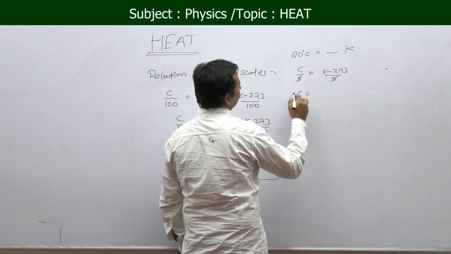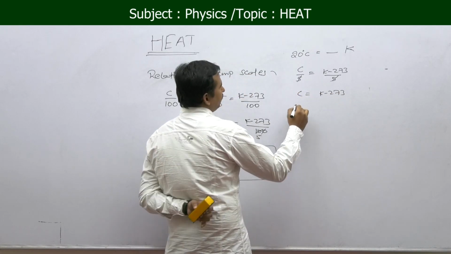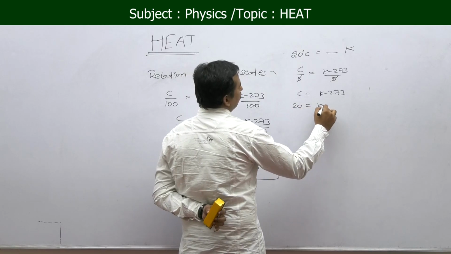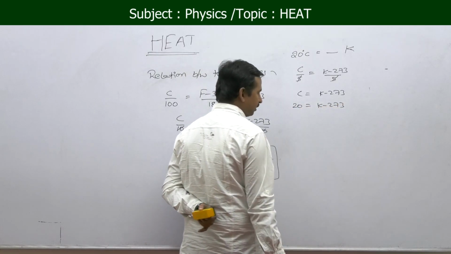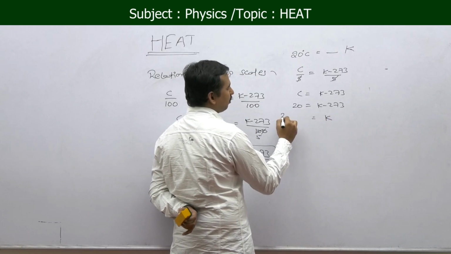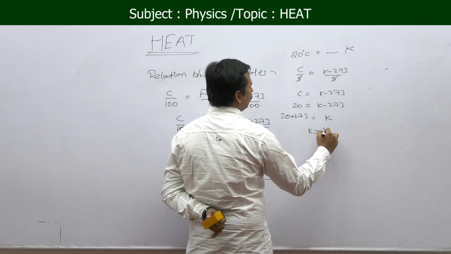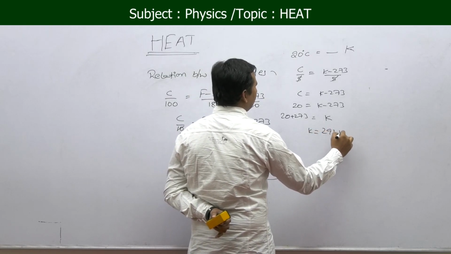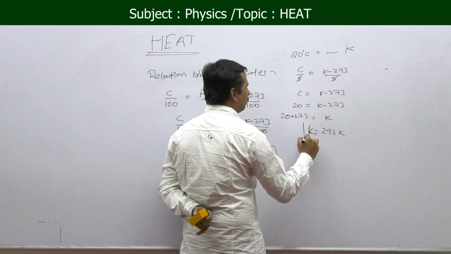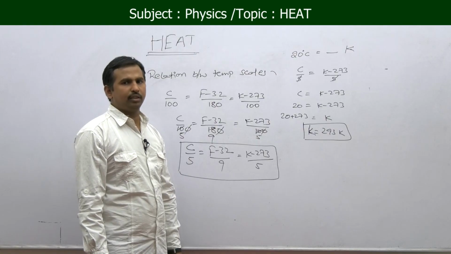Then C is equal to K minus 273, where C is 20, so 20 is equal to K minus 273. From this, K is equal to 20 plus 273, the 273 coming to this side becomes plus, so K is equal to 293 Kelvin. This is the answer.